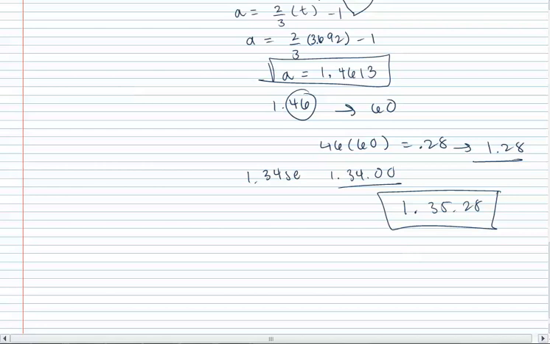Now to figure out when the collision happens, you take your previous t value, which is 3.69, and multiply 0.69 by 60 also. That should give you about 47 seconds, so you have 3 minutes 47 seconds.